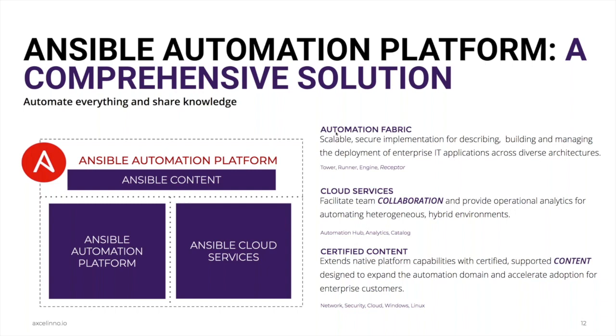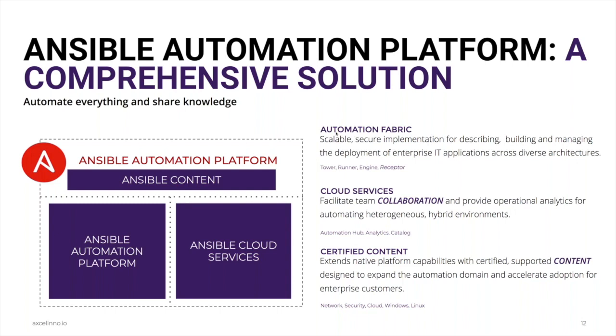They also wanted Windows and Linux configured the same way, regardless of where they were. We were able to do that, and to reuse the way those applications were deployed and how Windows and Linux were configured, regardless of where they actually lived. That's part of the automation fabric and of making sure it's scalable.